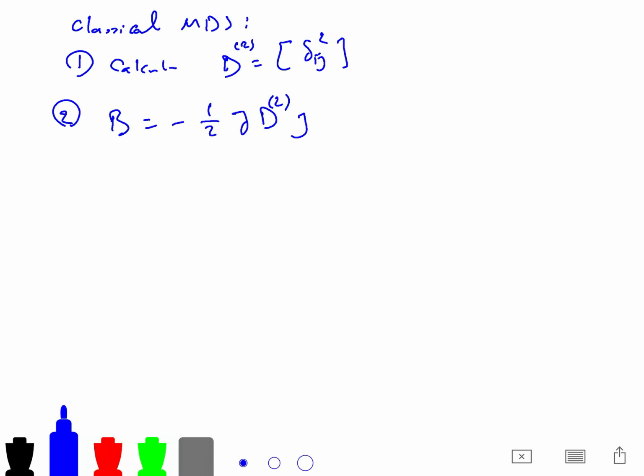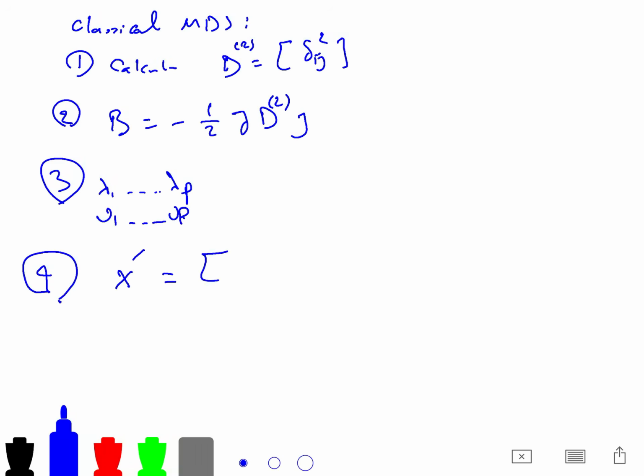Let's say B, and then we solve for eigenvalues lambda 1 through lambda p and eigenvectors v1 through vp, where p is your required number of dimensions. And finally, we solve for the projected coordinates. So x prime is now E_p lambda_p square root.